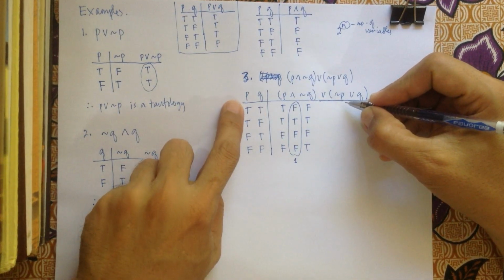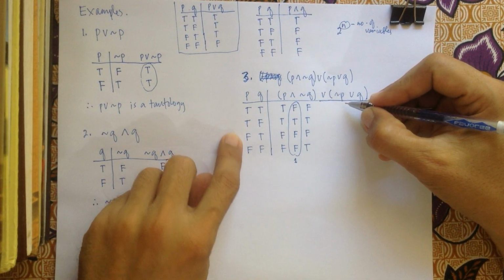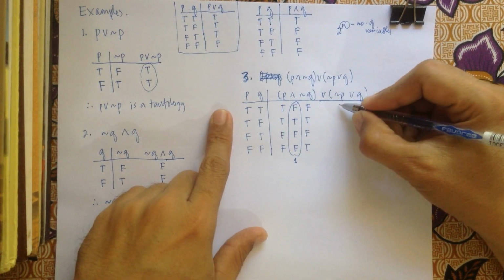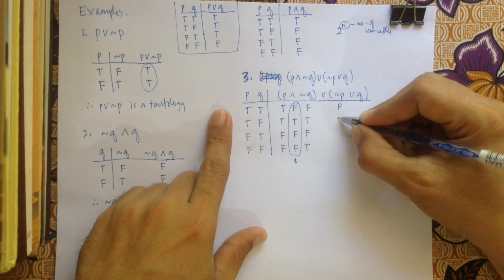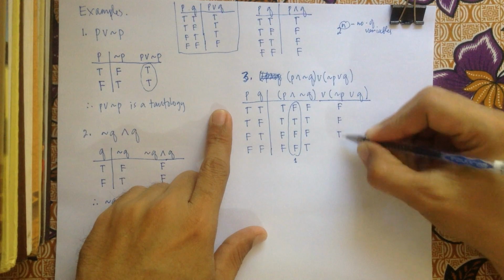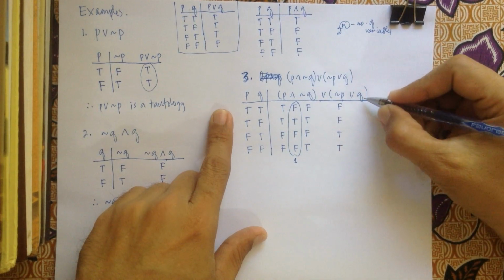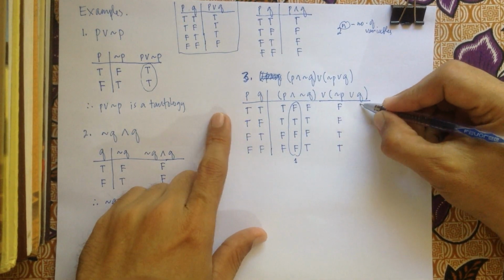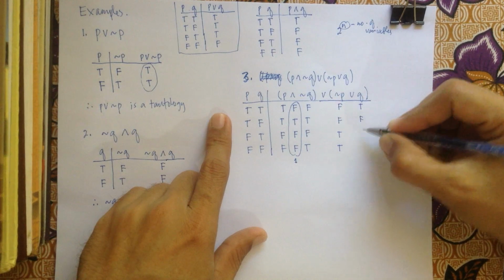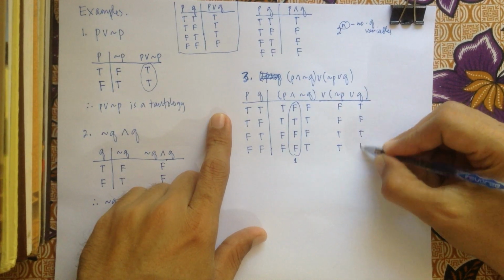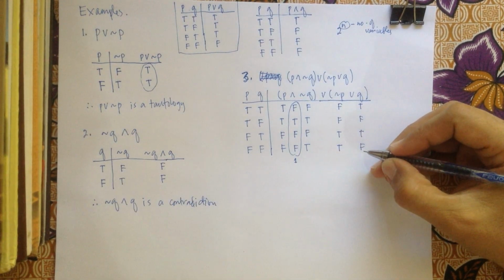Okay. Now we find the truth value of this. Again, P here is true, true, false, false. So that means the negation of P is false, false, true, and true. While Q is, let's just copy that. You have true, false, true, false.